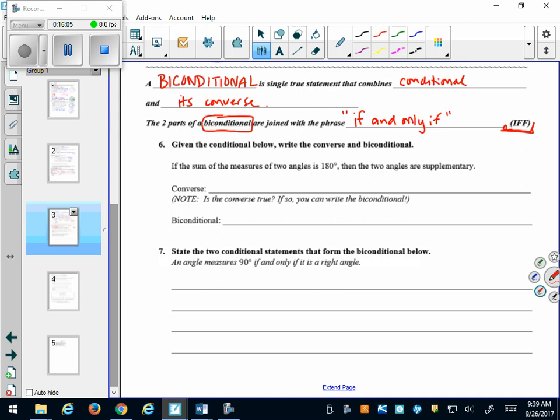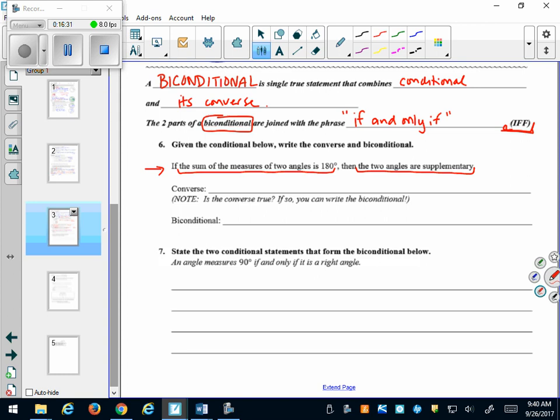We just saw that not all converses are going to be true. So this is a special case when you can actually reverse the logic and it's true both ways. So let's look at this one. If the sum of the measures of two angles is 180 degrees, then the two angles are supplementary. Here's our conditional. There's our hypothesis, and this is our conclusion.